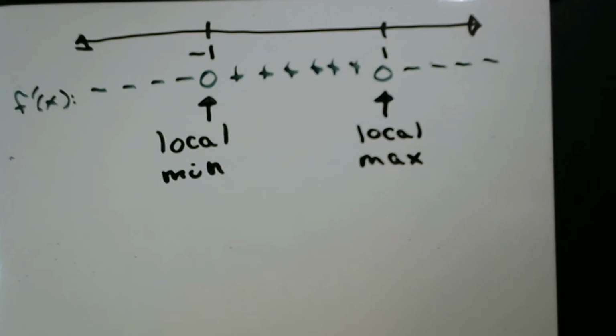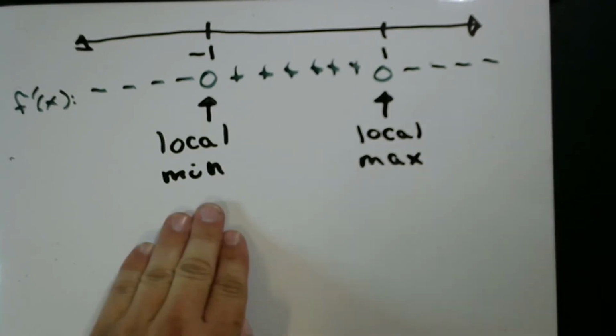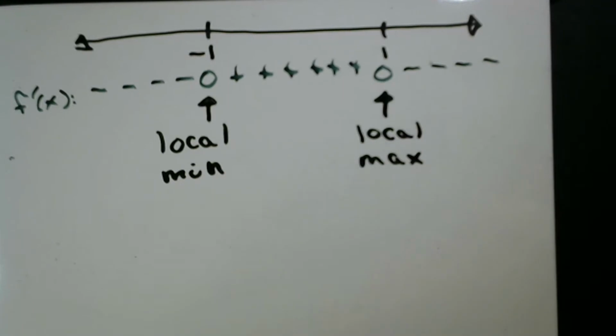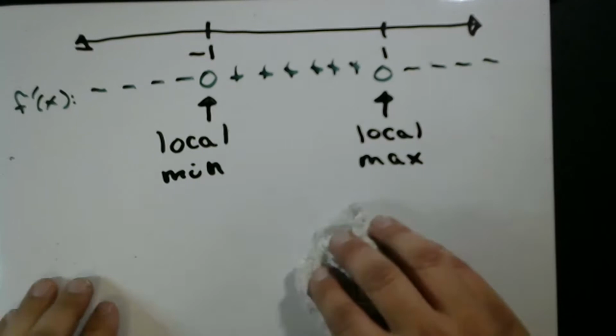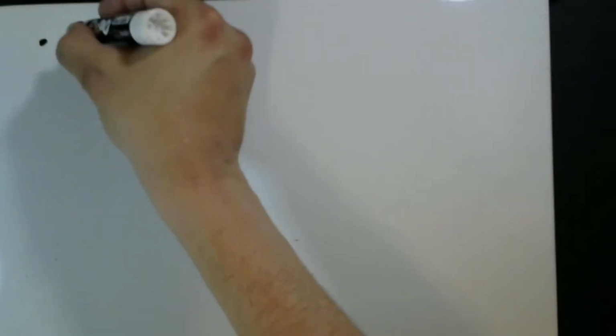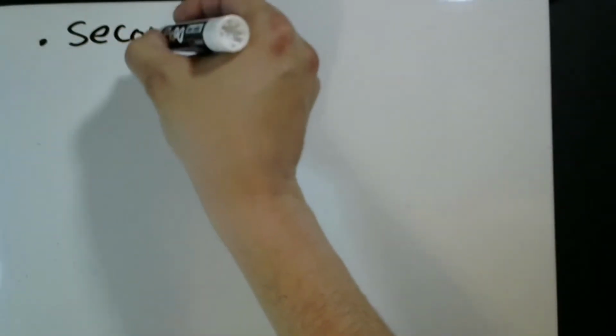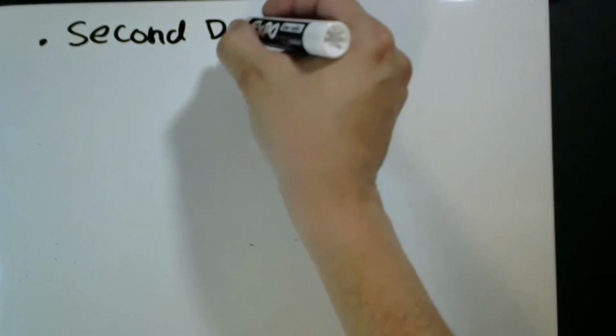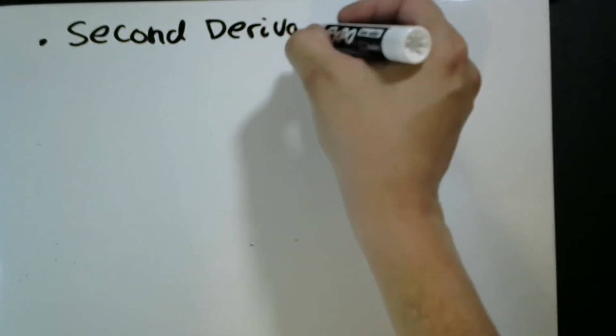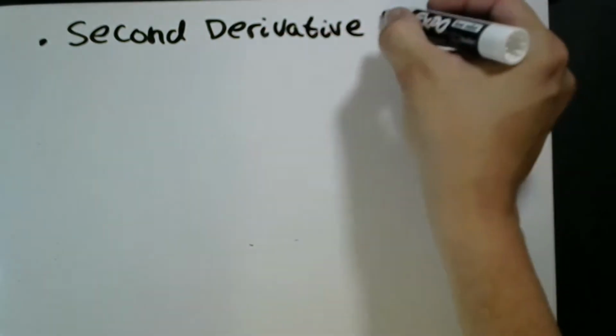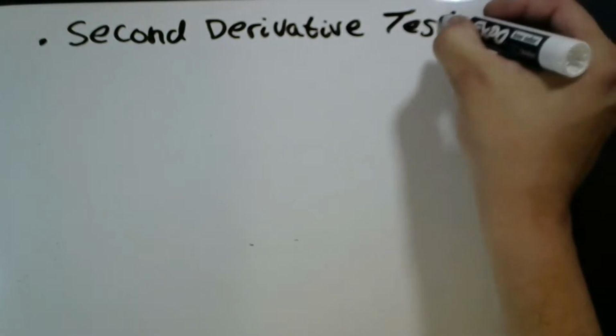Now, this is one way we can learn about the behavior of what the function is doing at these critical points. This is one way of doing it. There is another way. The other way is the second derivative test.